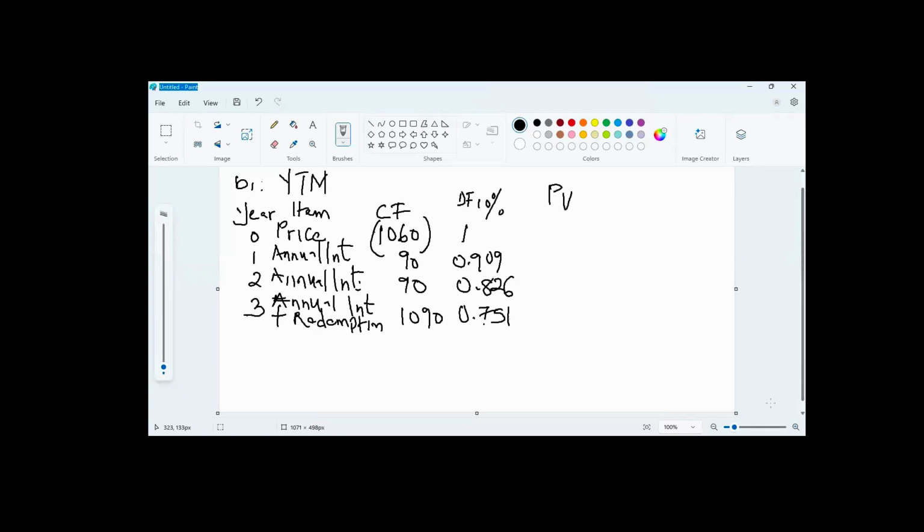Please get the present value. 1 multiplied by the cash flow, negative 1060. 90 multiplied by 0.909 gives 81.81. Next, 74.34.